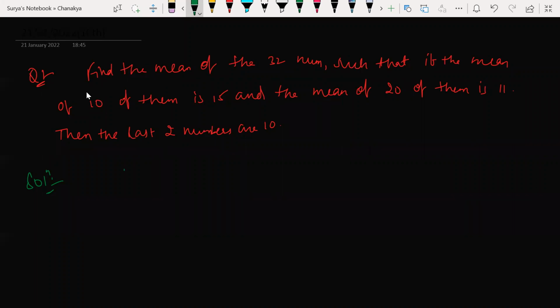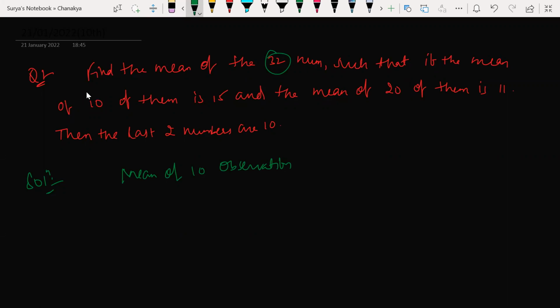Mean of 10 numbers is given as 15. We need to find the mean of 32 numbers. You will get around 12, about 12 point something.